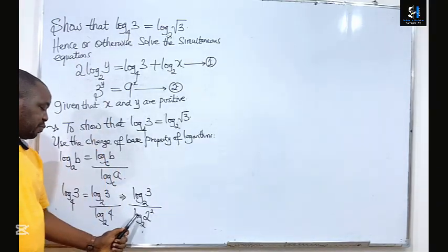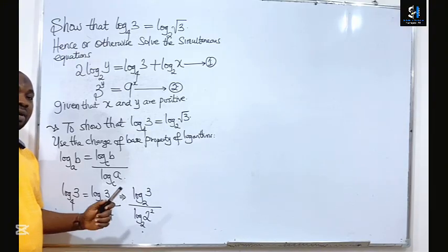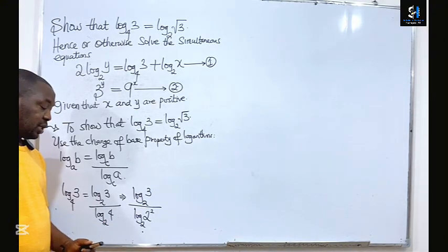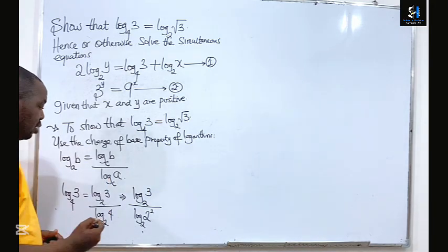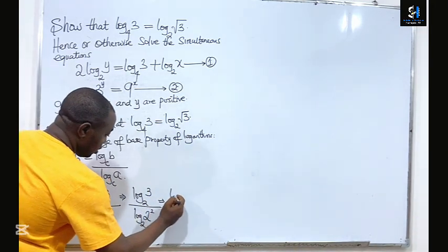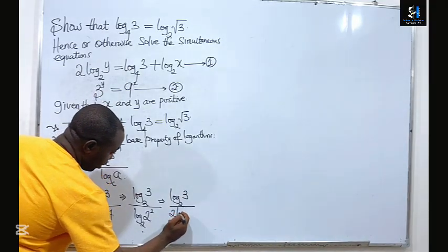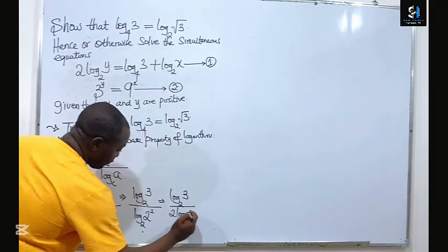Now I'll bring this power here to become the multiplier of log to base 2 of 2, that is, I'm going to transpose the power. So this will be log to base 2 of 3 over 2 log to base 2 of 2.